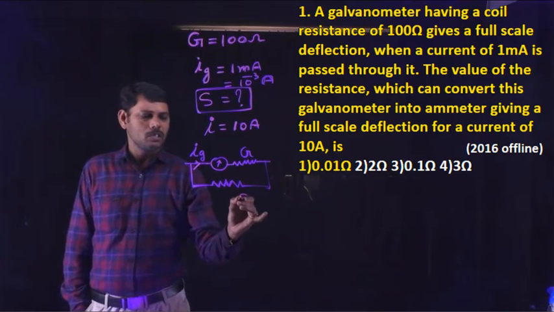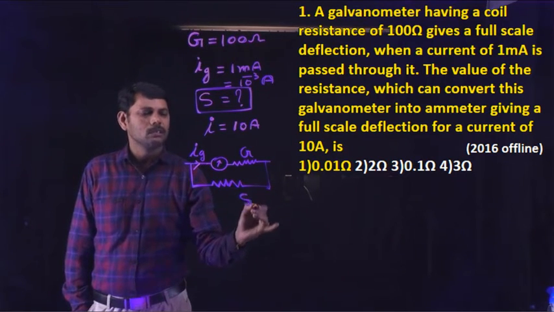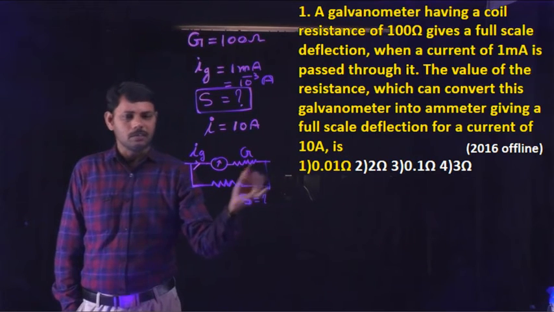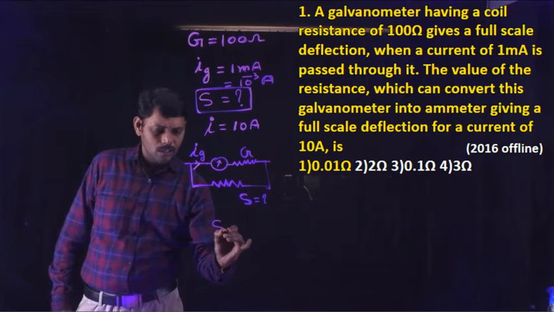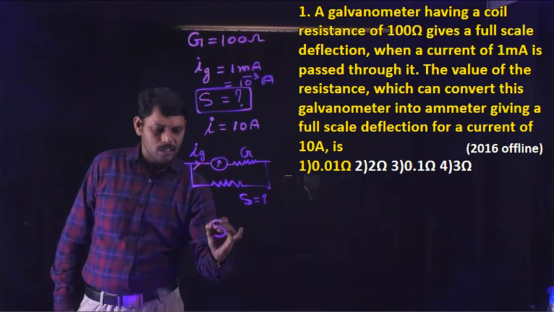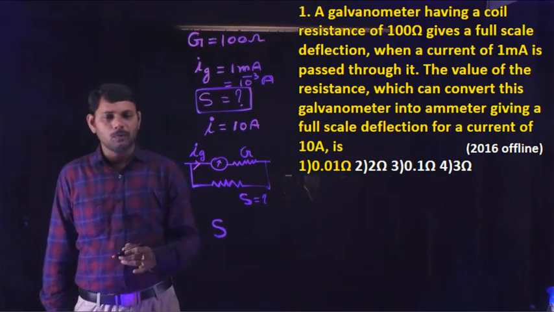That resistance is also known as the shunt resistance, and we have to find the shunt resistance. We have a direct formula for shunt resistance. We discussed this concept already in the conceptual explanation.